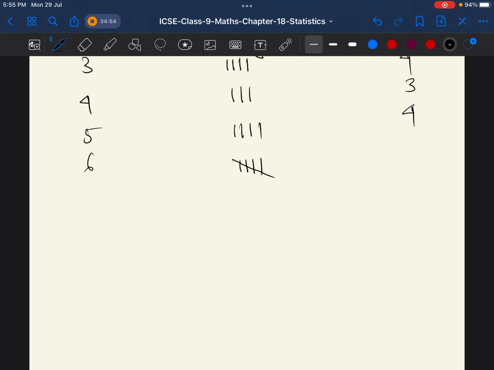So 6 appears 8 times, and the frequency is 8.